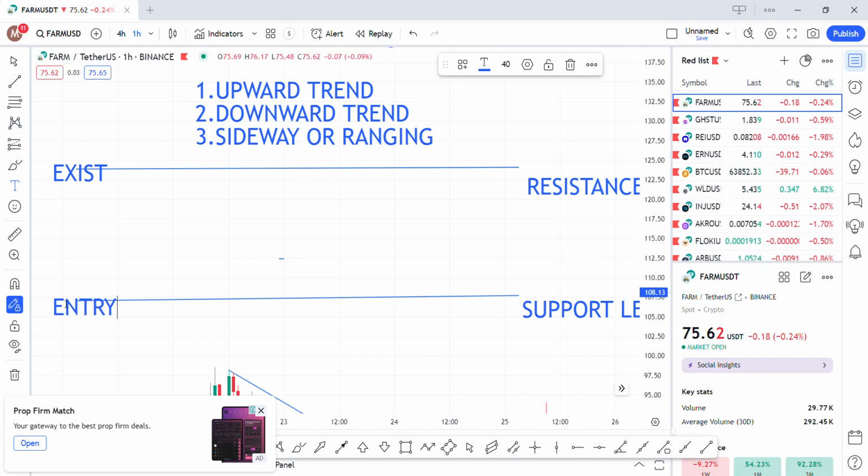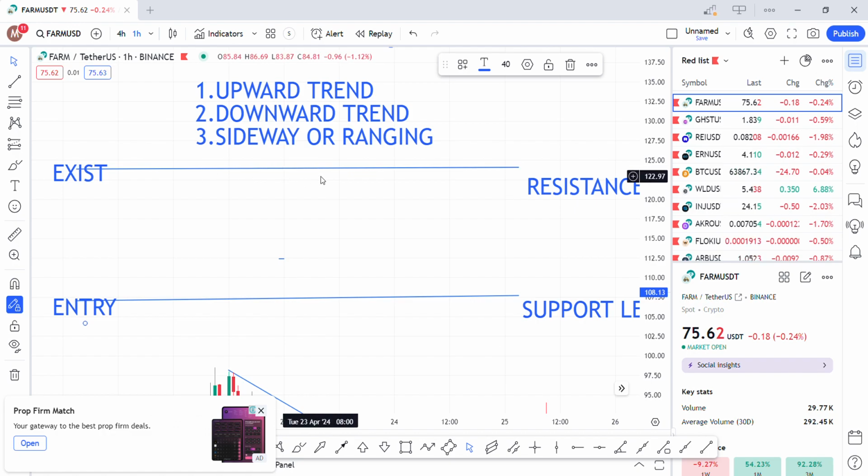Meaning a trader enters the market at the support level, with this line, and exits here, which is called the resistance or exit level.